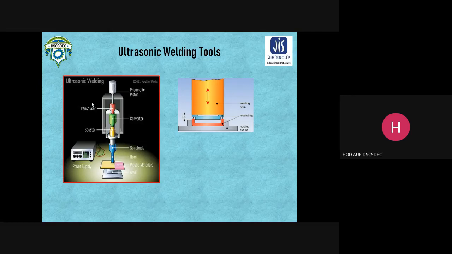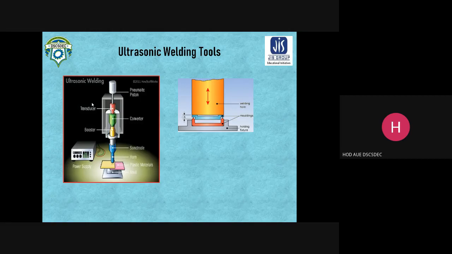The amplitude at which the horn vibrates is in between 30 to 120 micrometer.